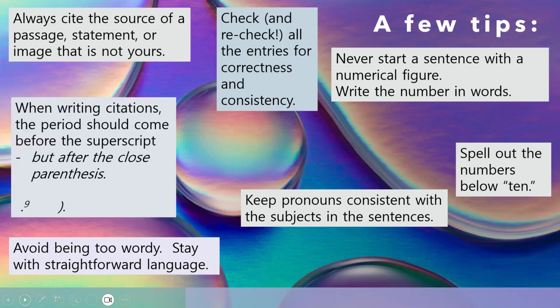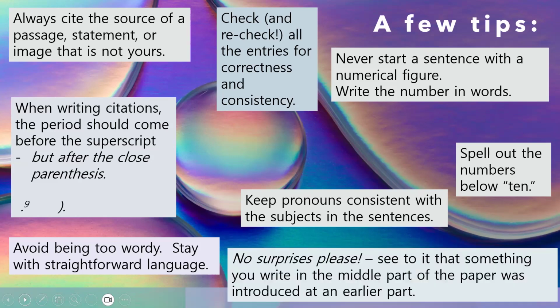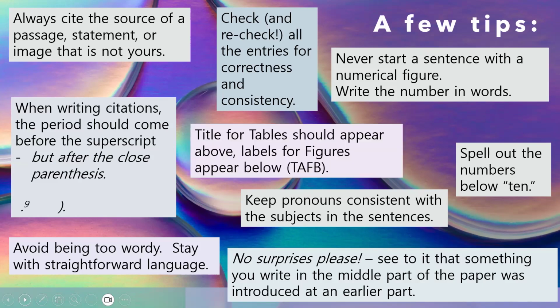When writing citations, the period should come before the superscript but after the close parenthesis. No surprises, please. See to it that something you write in the middle part of the paper was already introduced at an earlier part. Titles for tables should appear above. Labels for figures should appear below.